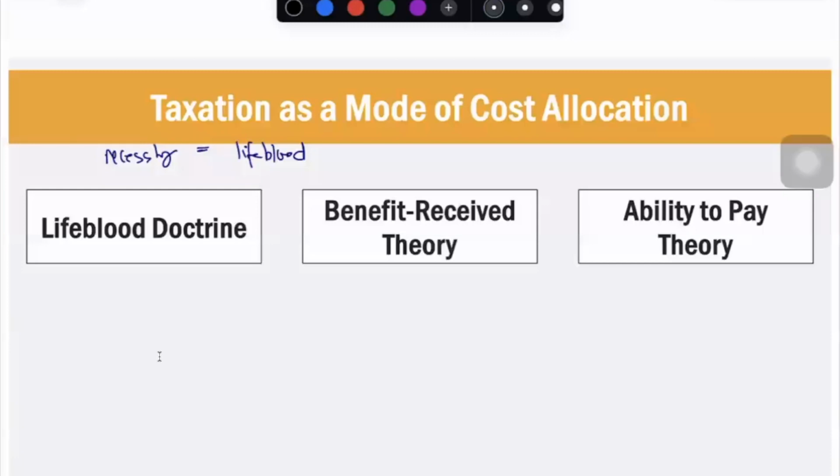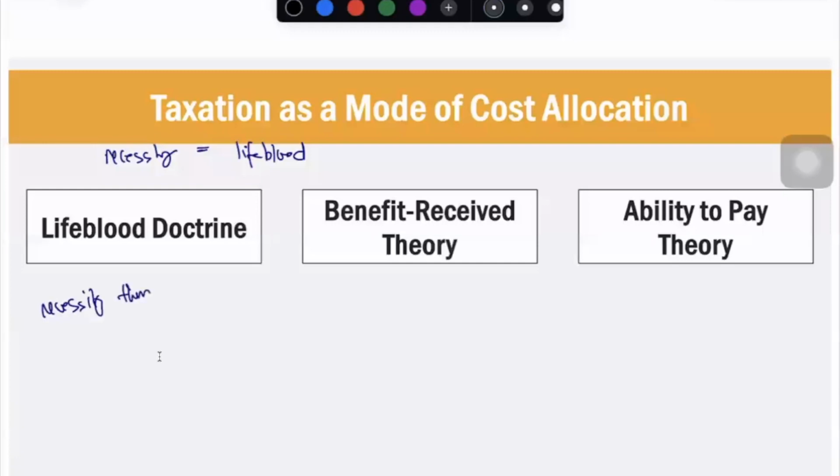But always remember that if we're talking about lifeblood doctrine, you try also to equate it with your principle of necessity or the theory of taxation, that it is indispensable to the existence of the state, that without taxation, the state cannot operate, it cannot activate, it cannot affect its mandate. Therefore, when you talk about lifeblood, you try to also equate it with the necessity theory.